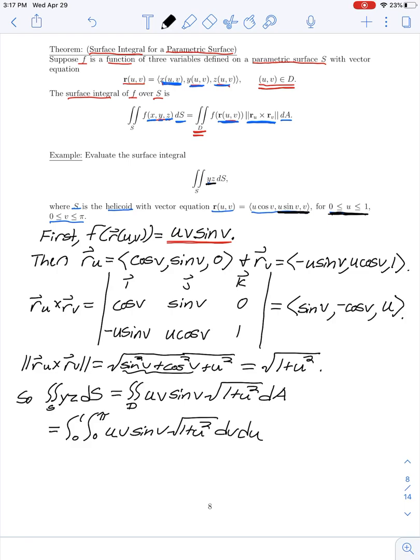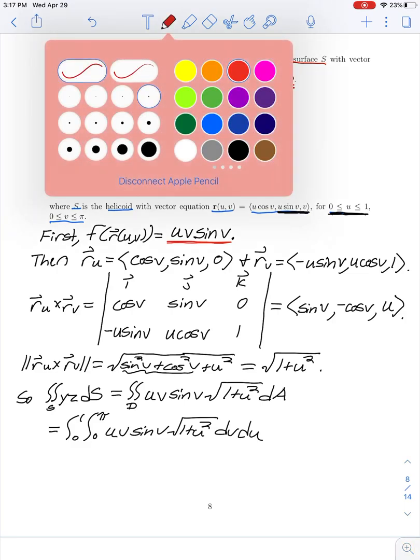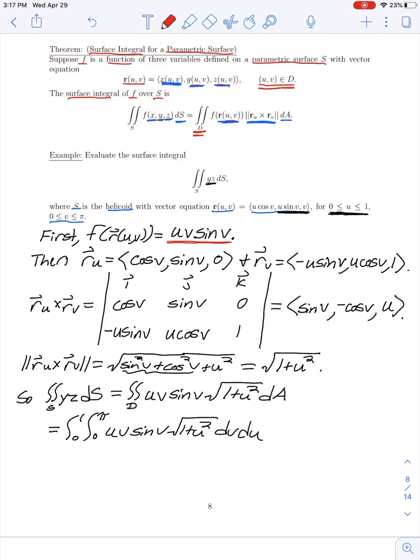So to make our remaining work a little easier, again, we're going to make use of the fact that we can pull constants out in front of an integral. For our inner integral with respect to v, we see that u times the square root of 1 plus u squared and du are all constants.